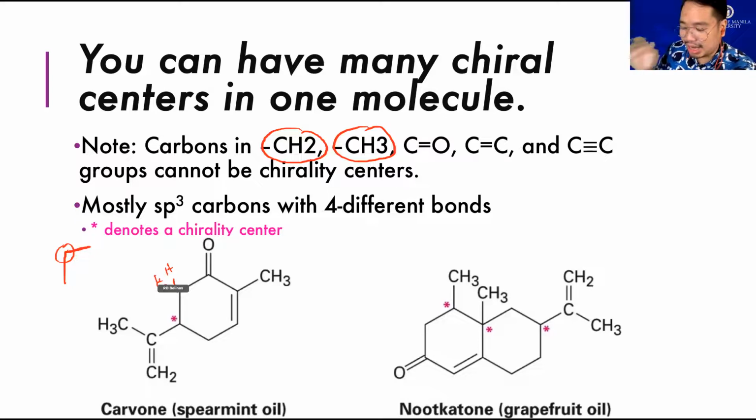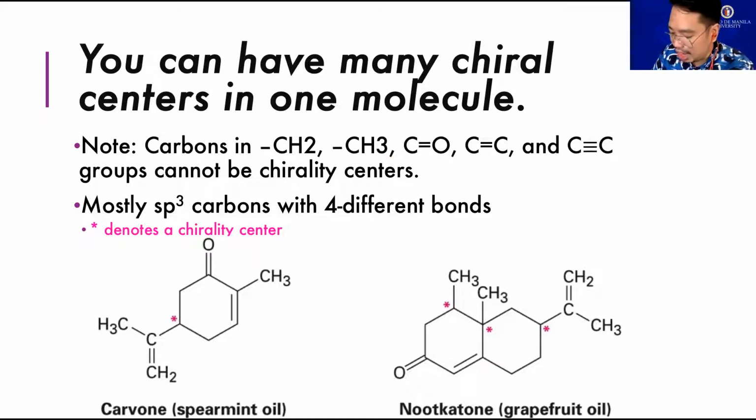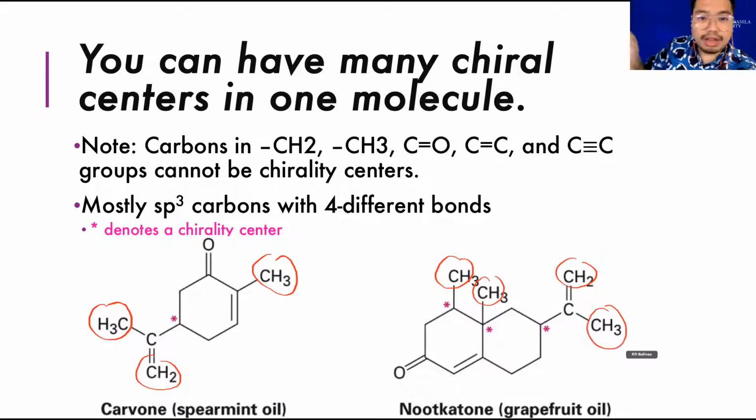So you can automatically eliminate those and skip them when you're looking at the molecule. Any terminal carbons that are the ends of branches are also automatically disqualified most of the time, especially if they have 2 or 3 hydrogens each. So all terminals and all corners are disqualified.